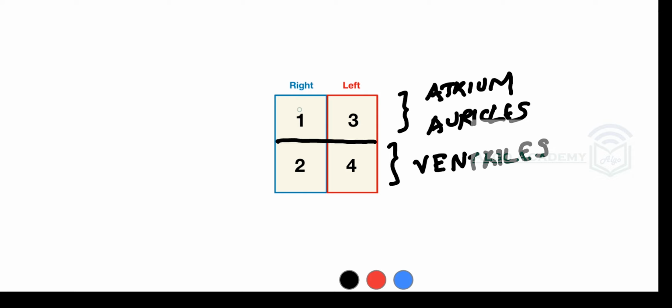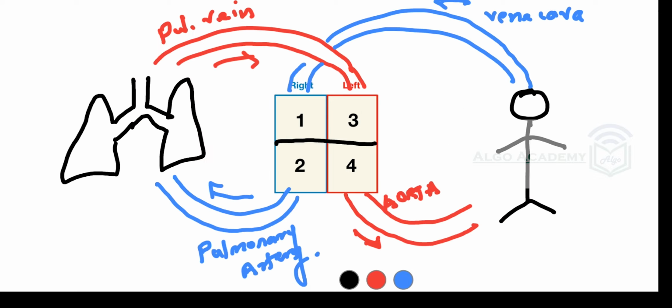So we have a right atrium, left atrium, right ventricle and left ventricle.